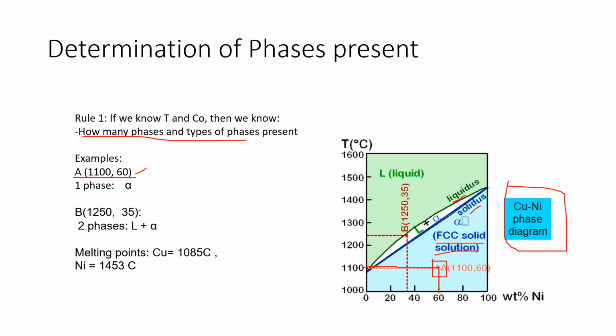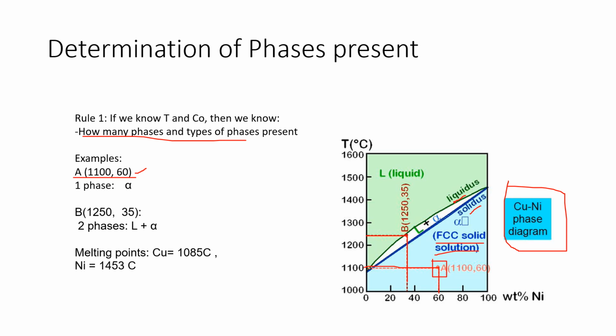Similarly, if we look at point B, if we draw a horizontal line, we will get the temperature, which is 1250 degrees centigrade, and this is in the region of a mixture of liquid plus alpha. If we draw a vertical line, we will get the composition of point B, which is 35% by weight of nickel.